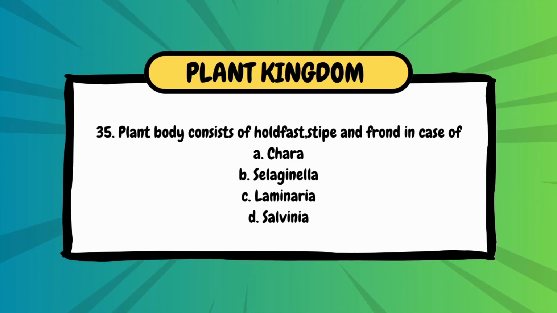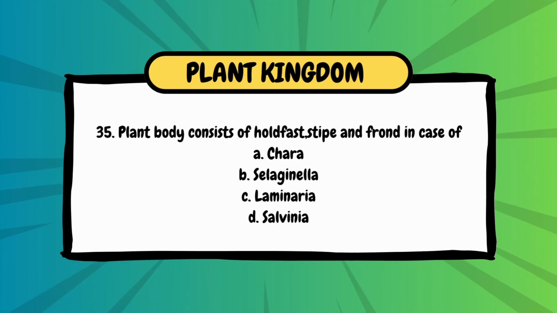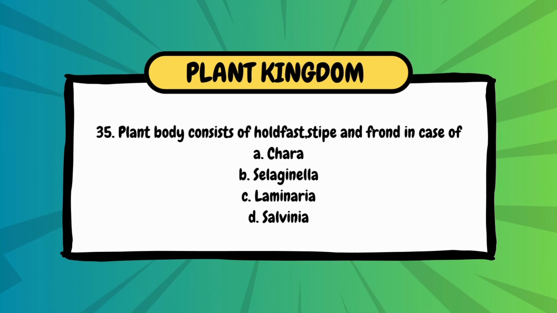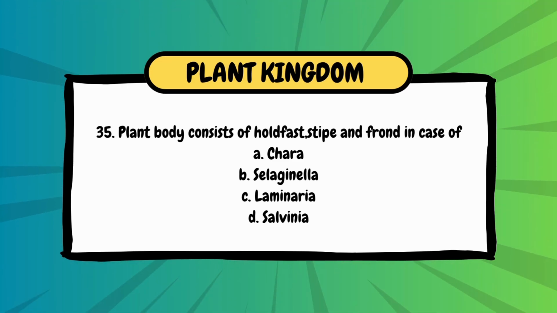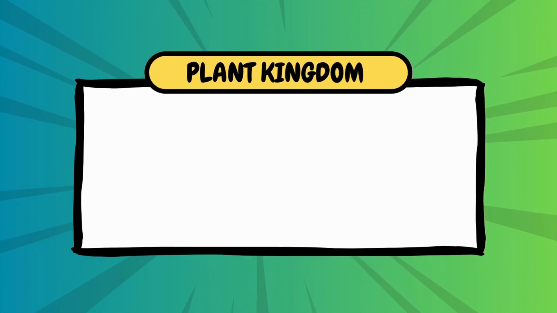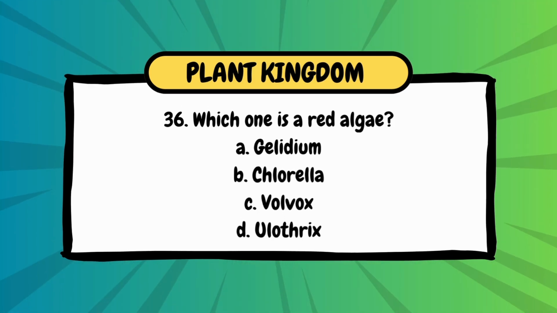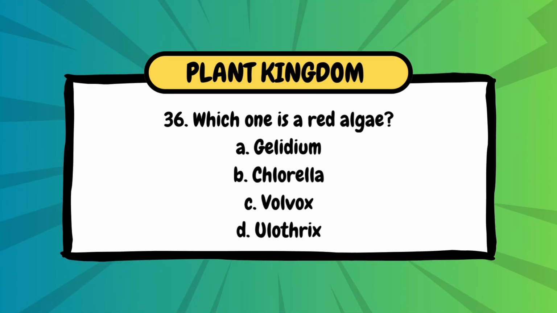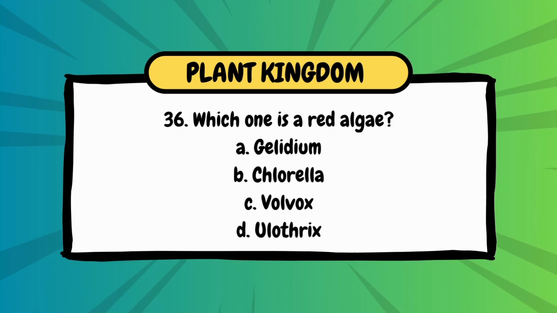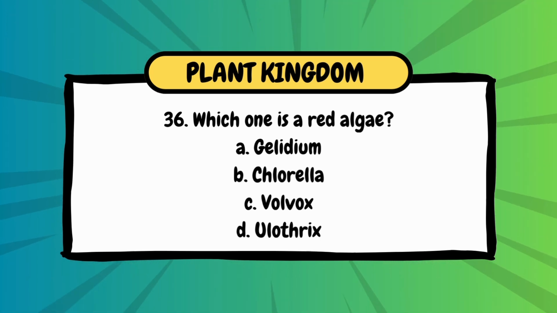B. Selaginella. C. Laminaria. D. Salvinia. Which one is a red algae? A. Gelidium. B. Chlorella. C. Volvox. D. Ectocarpus.